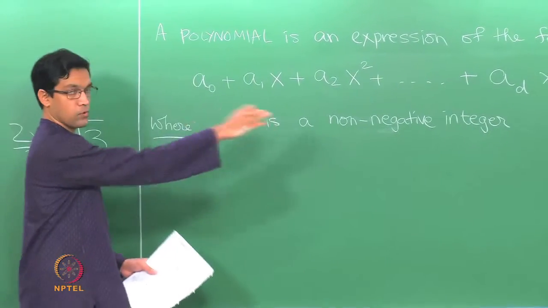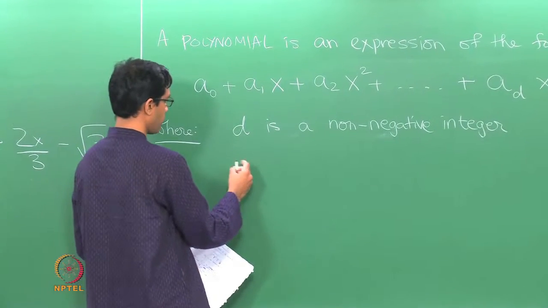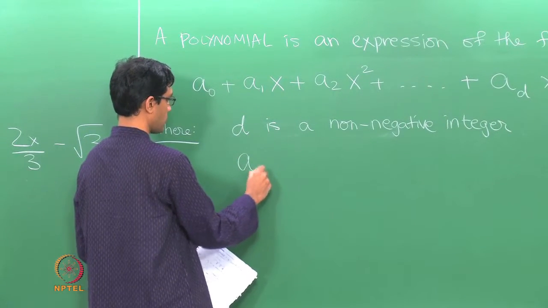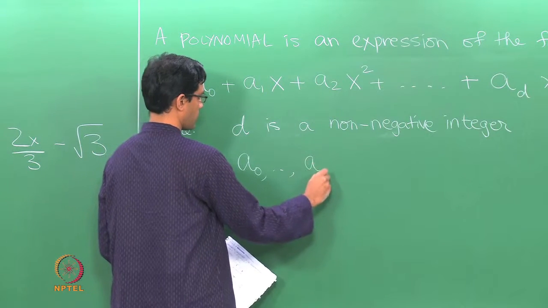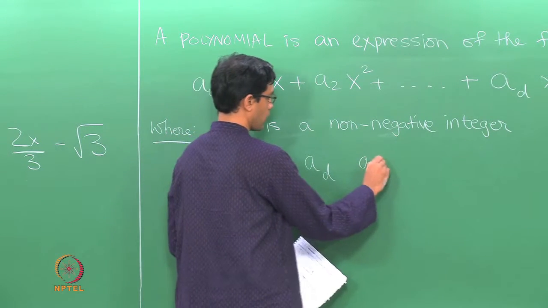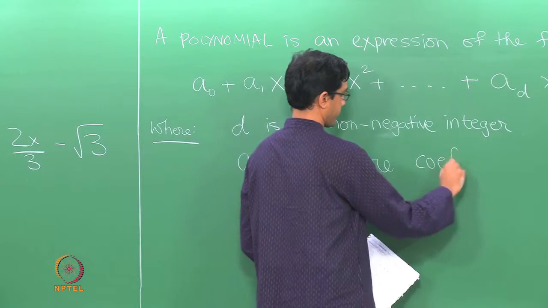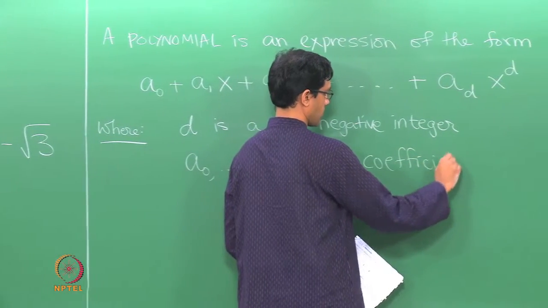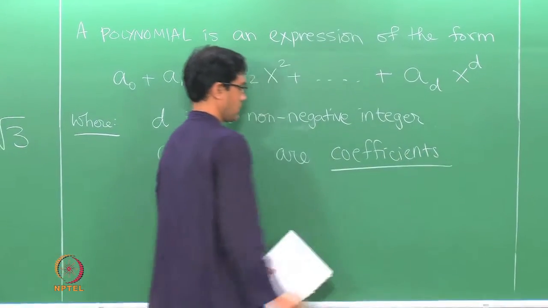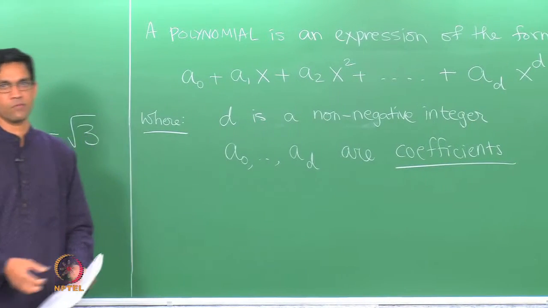And what are these ai's? a0, a1, a2 till ad are what are called the coefficients, and they can be numbers of various kinds.